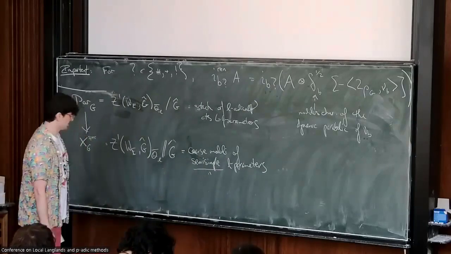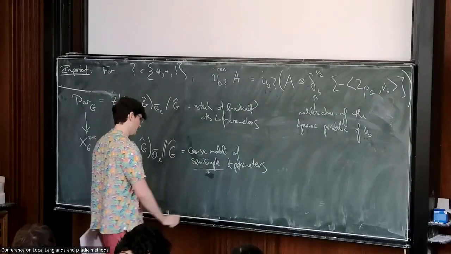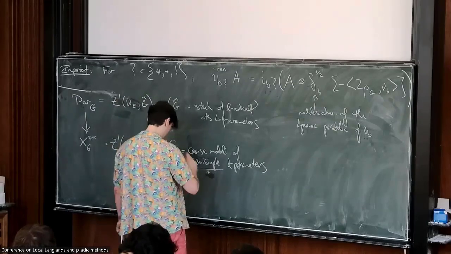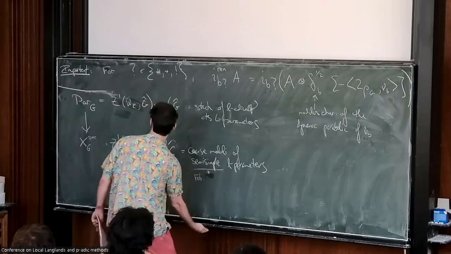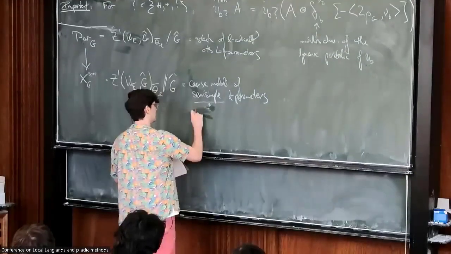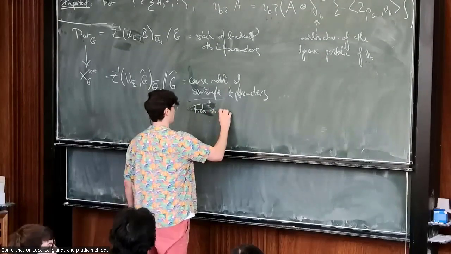Okay, and on QL bar points, this really is parametrizing things of very concrete nature. So on QL bar points, this is literally parametrizing L parameters, which are Frobenius semi-simple and with open kernel.